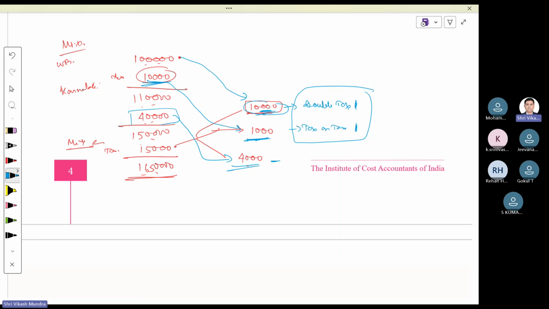So to avoid these two things, that is double taxation and the cascading effect of tax, the government started thinking about some other type of taxes. Hence, the government introduced the GST mechanism. Before GST, there was VAT. VAT is also just like GST, but it is at state level and GST is at India level, national level.